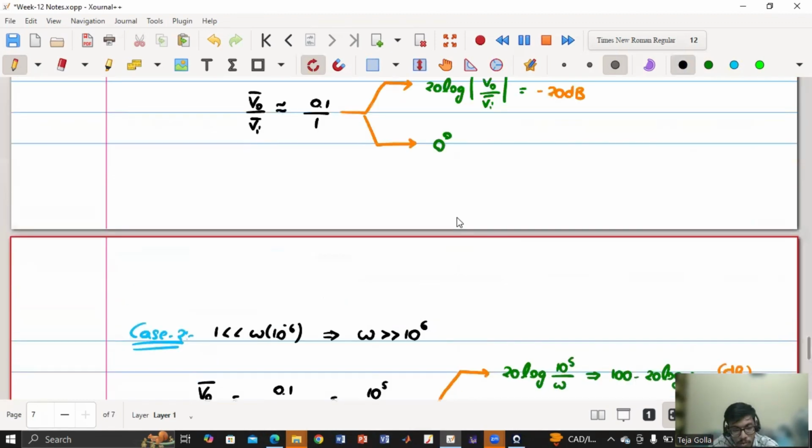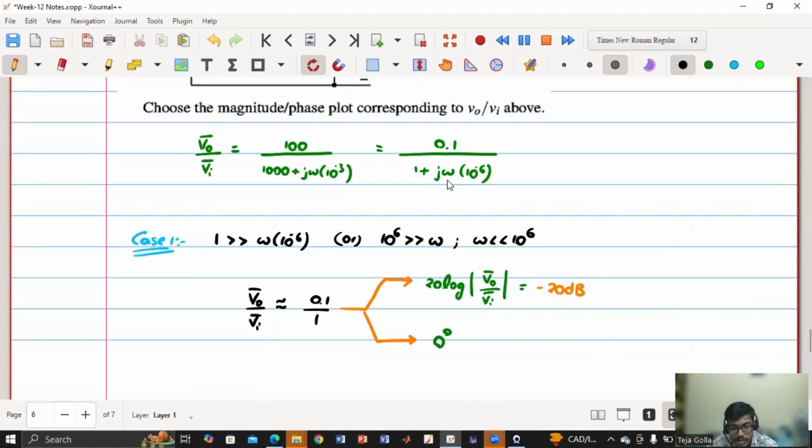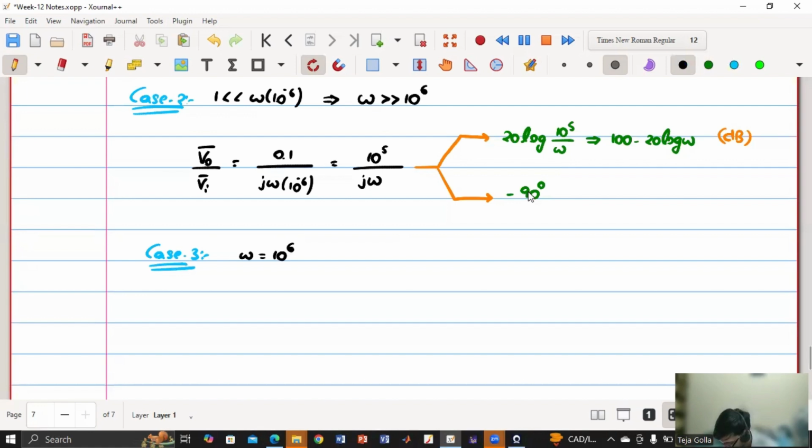If omega is 10 to the power 6, what happens to my V naught by Vi bar? It is 0.1 divided by 1 plus j, since omega into 10 to the power minus 6 is 1.